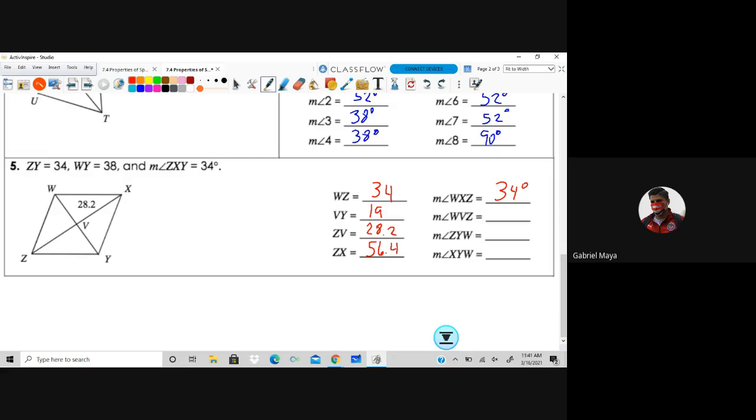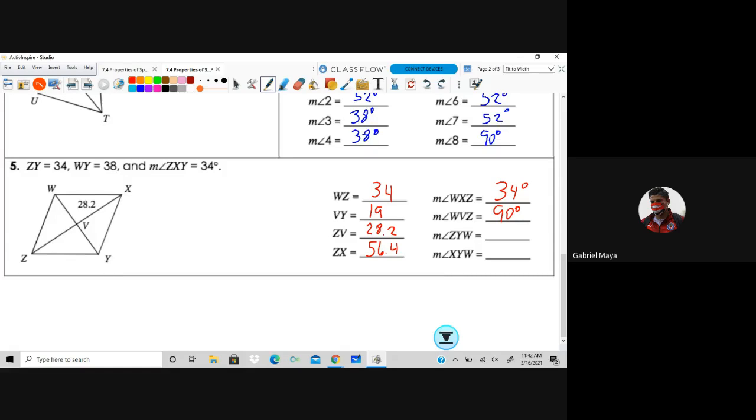All right. What about WVZ? Where's WVZ? Oh, that's this one right here. 90. Yes. Why? Diagonals are perpendicular. Usually in these, you should always check to see if they're asking for any of these angles right here. If they do, immediately say 90 on a rhombus, okay?